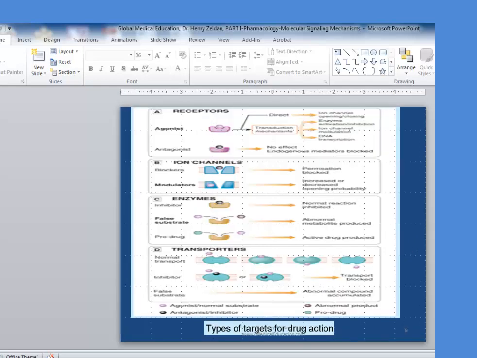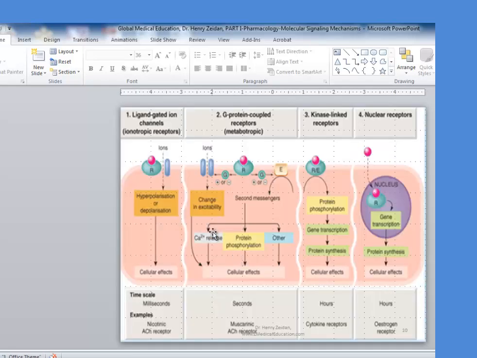Essentially, what we covered so far: we completed ion-gated channels, receptors coupled with ions. We completed receptors coupled with G proteins, the seven-transmembrane members, cyclic AMP, cyclic GMP as well. We completed intracellular receptors, so what's left for us is kinase-linked receptors.